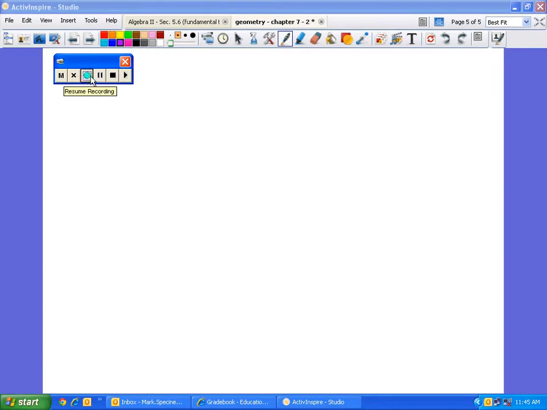So now the next thing is you're going to be given two figures, and you have to decide, are they similar? If so, you need to write a statement of similarity and also give the scale factor. Okay, so I'm going to draw two shapes.